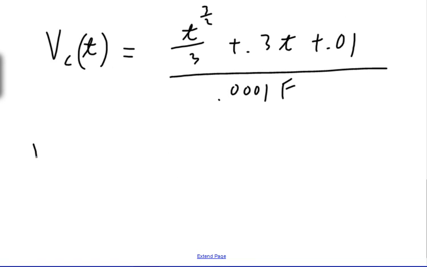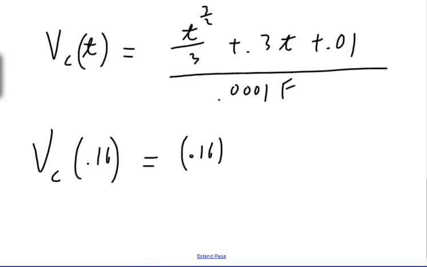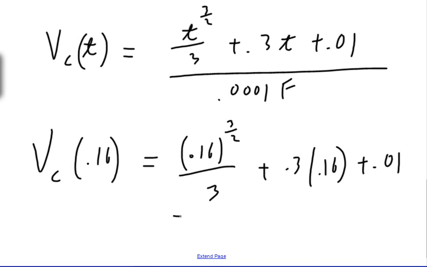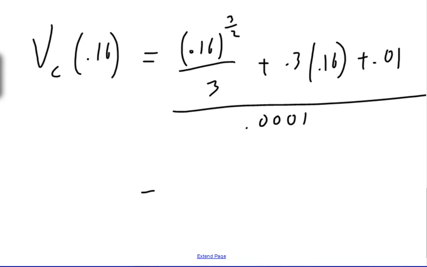So the voltage across the capacitor at 0.16 equals 0.16 to the 3 halves divided by 3 plus 0.2 times 0.16 plus 0.01, divided by 0.0001. This is where a nice calculator would help.